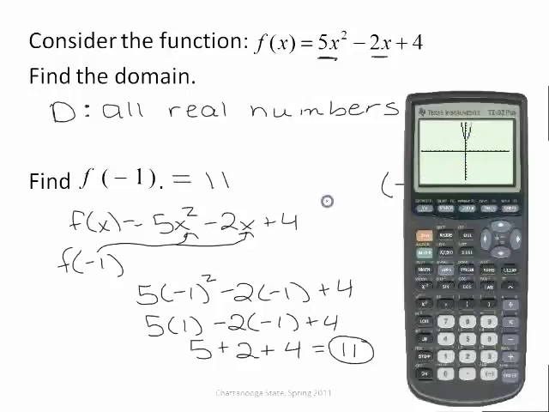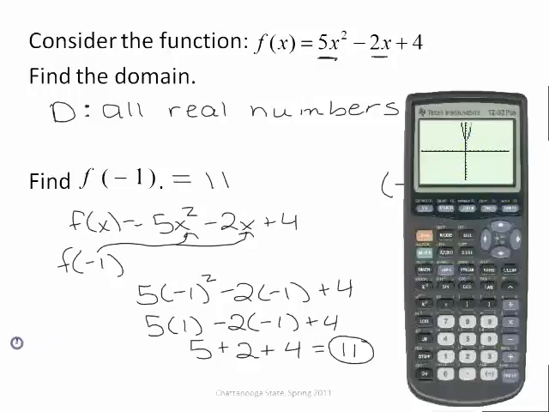Now, if I were asked to find the range on this function, seeing what I see on this calculator screen, the range, remember, refers to the y values. And I don't have any part of that graph that's showing up below this y value right here, which looks like it's a y value of 4.